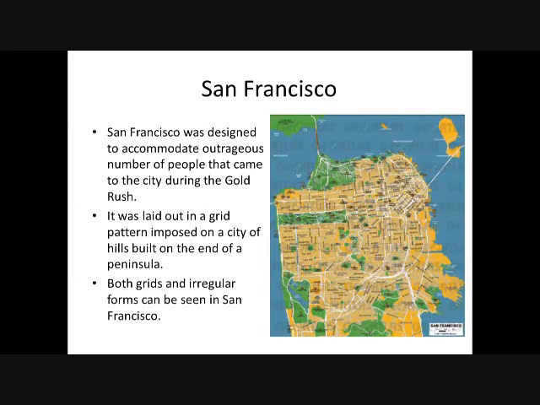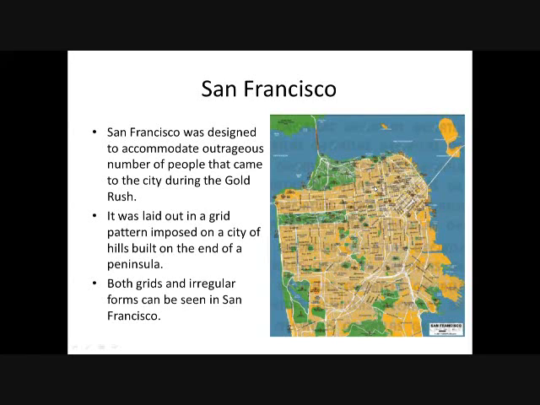It was laid out in a grid pattern imposed on the city hills on the end of the peninsula. So while it's not a flat land, the grid pattern was superimposed on the city.